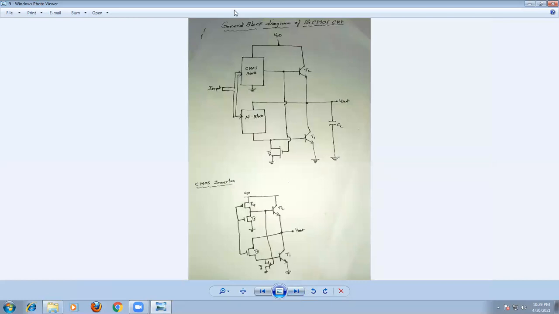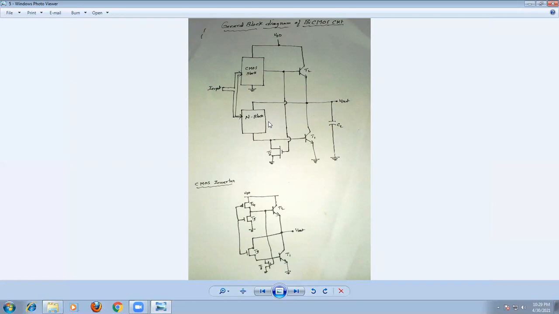Just see, this is the general block diagram of the BiCMOS circuit. To draw BiCMOS technology, what do we require? The name itself indicates it: BiCMOS is a combination of bipolar and CMOS technology. CMOS technology is a combination of an N block and a P block.